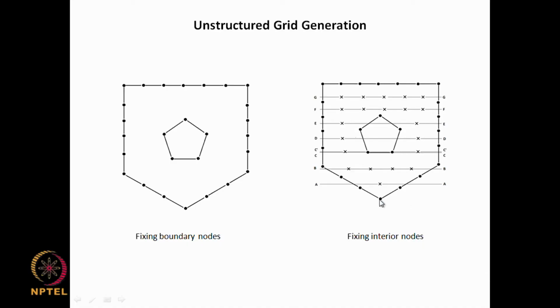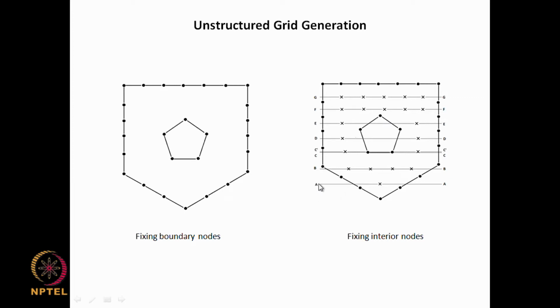So, with that, and starting with the bottommost point, you draw horizontal lines which are separated by the distance small l. So, you have lines AA, BB, CC and DD, EE, FF, GG, all these horizontal lines which are roughly set apart by a distance small l.